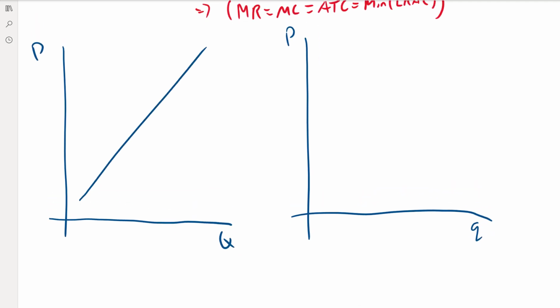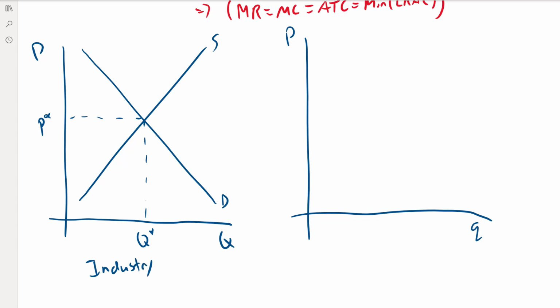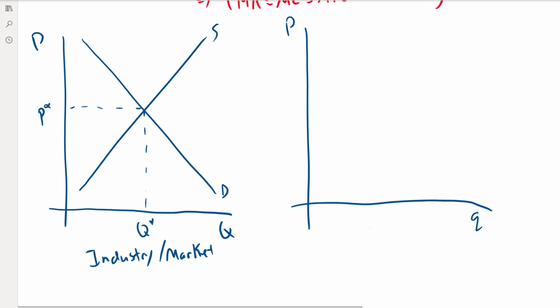Okay, so the supply curve, the downward sloping demand curve. We have the market clearing price and quantity in our industry. So I should label that the industry/market.